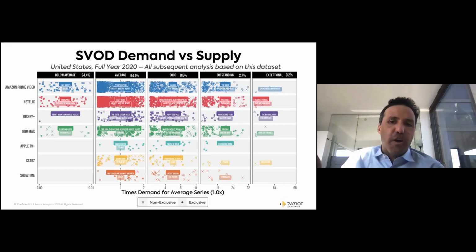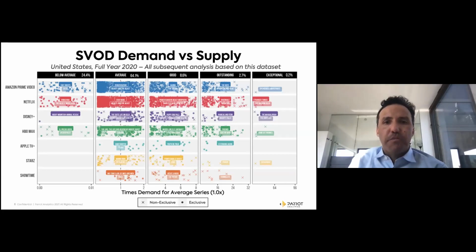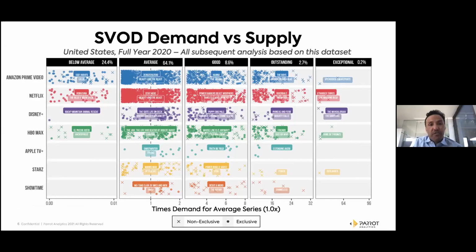At the top of the quadrant is anything above 32 times as popular as the average title, and only about 0.2% of titles reach that level. In any case, this is a good way to bring visibility into the portfolios or bundles of content that these platforms offer.